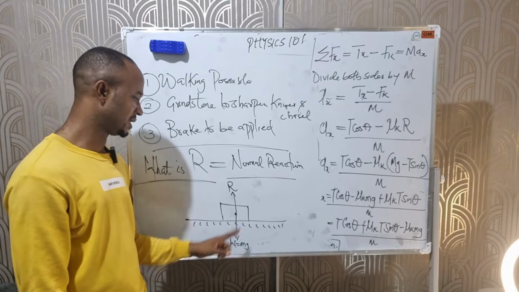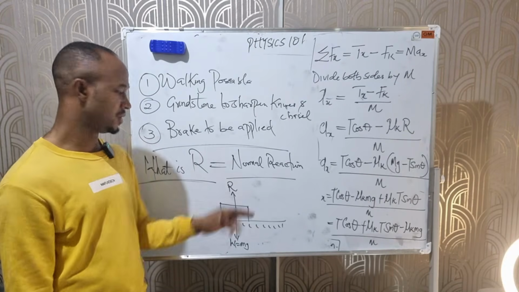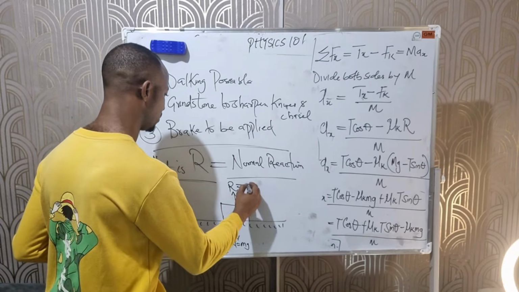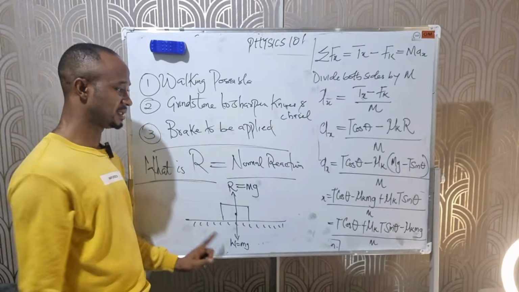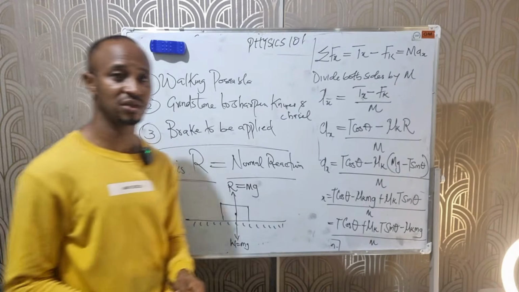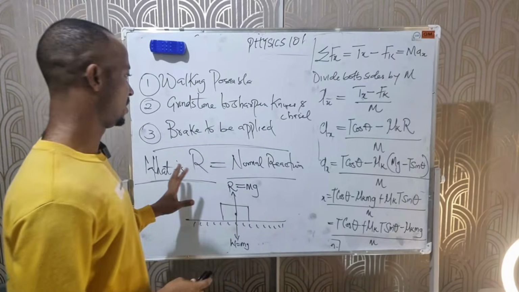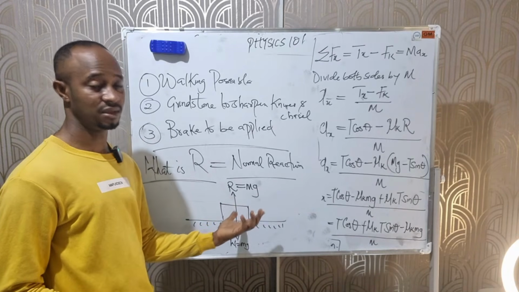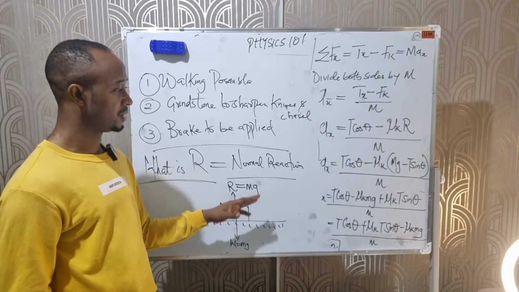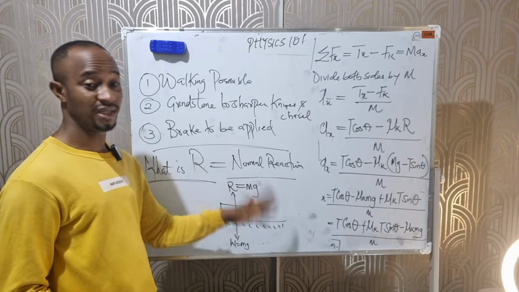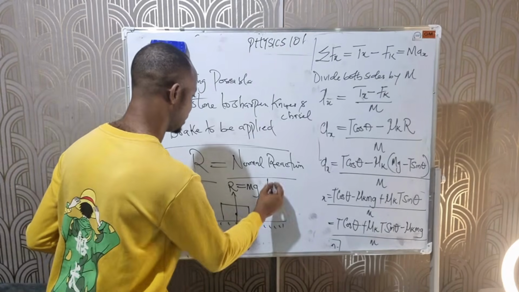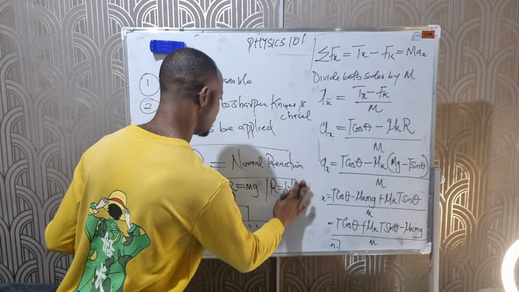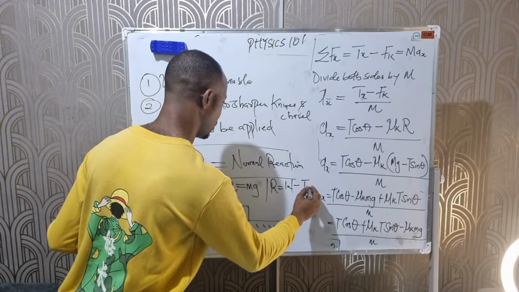I repeat again. The force the body exerts on the surface is called the weight of the body. But the force the surface exerts on the body is called the normal reaction, which is equal to what? mg for this diagram. Please go to the class notes, where we analyze the value of R equals mg and R equals weight minus what? Minus Ty.